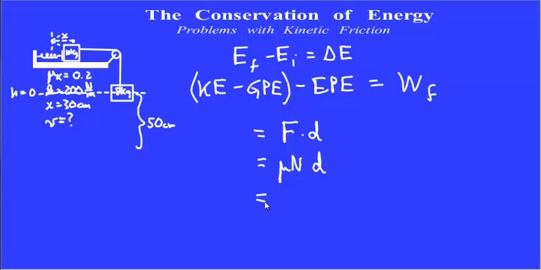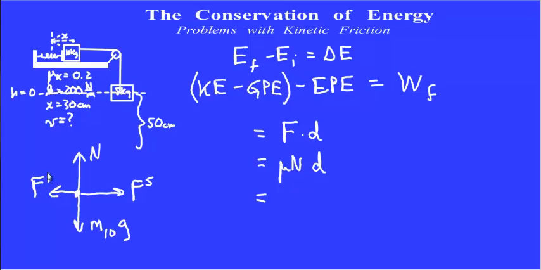And the normal force in this case, if we do a free body diagram for the block that's up against the spring, because that's the one that's experiencing the friction, we have the normal force up and the weight of the 10 kilogram block down, mg, right, and then we have the spring force to the right, and then the friction force to the left.